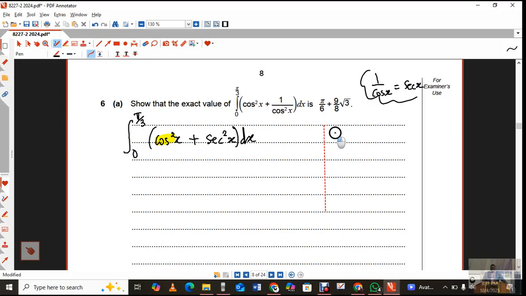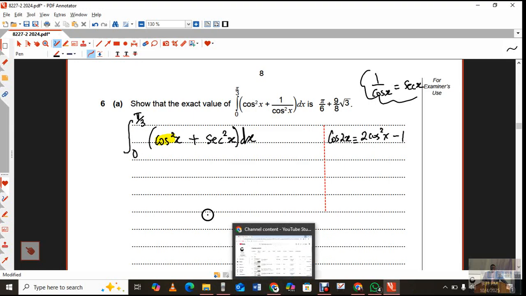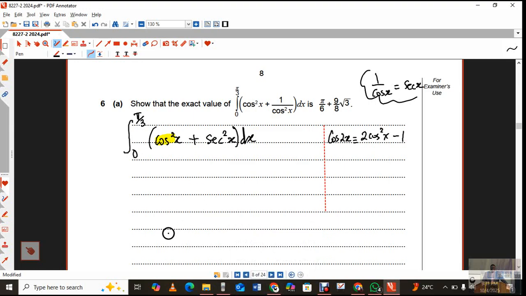What I know is from cos 2x, and you will find this in your formula sheet, I have 2 cos square x minus 1. That's identical to that. It's one of those three identities that the double angle of cosine of 2x is going to give you. The reason why I'm doing that is because I want to make cos square x the subject of the formula.